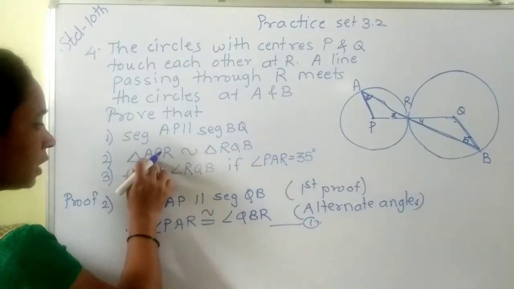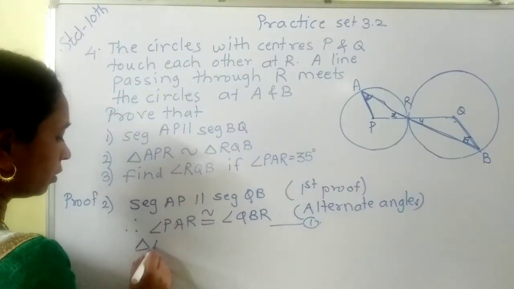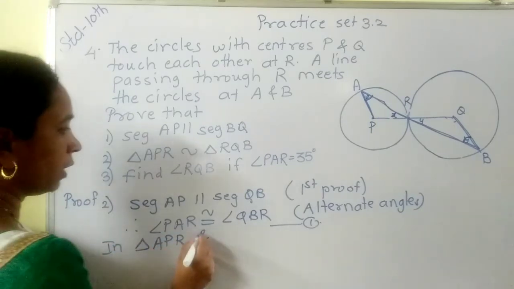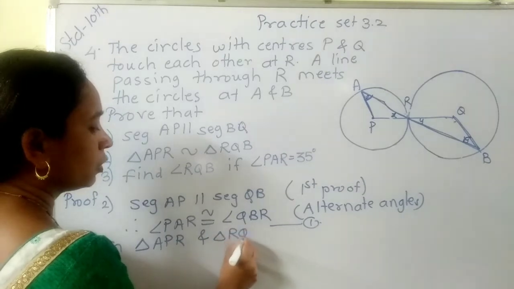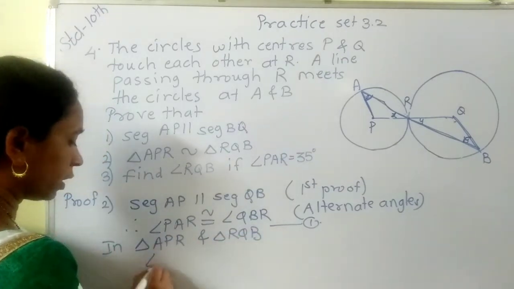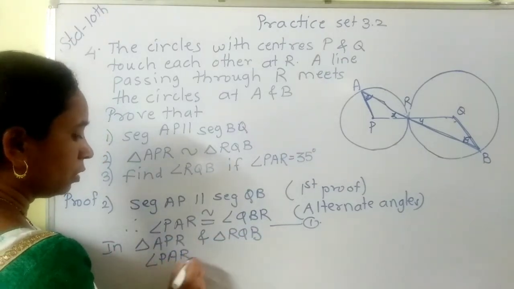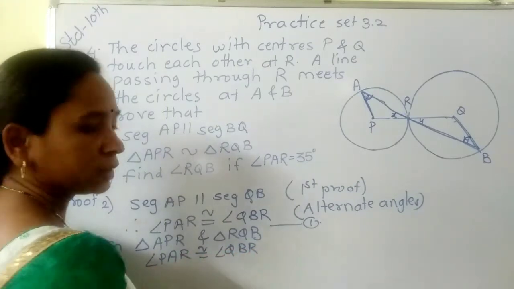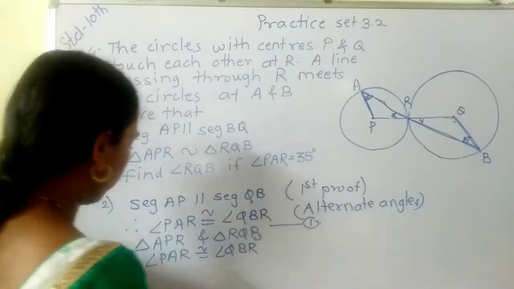Which triangles am I going to prove? Triangle APR and triangle RQB. Here again I'll write PAR congruent with angle QBR. Why? Because these are the alternate angles, or you can write from 1.